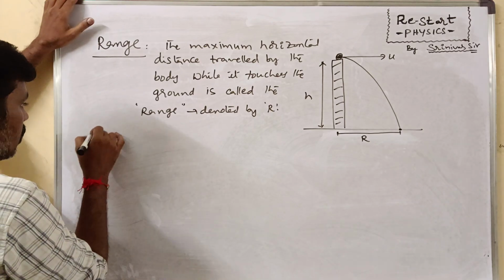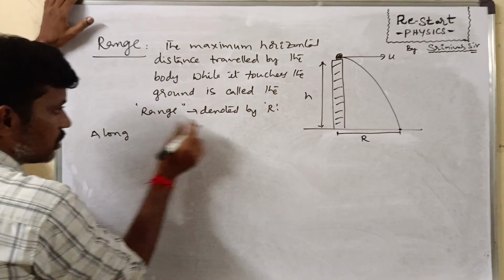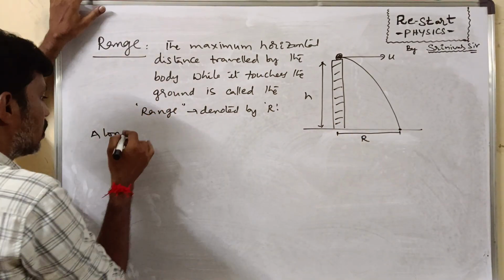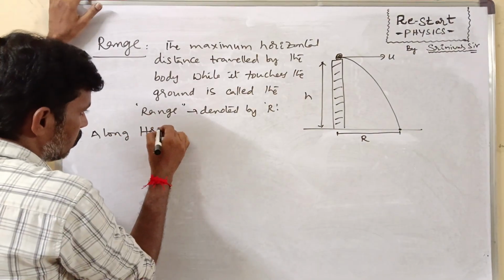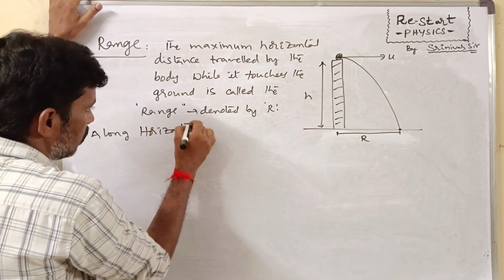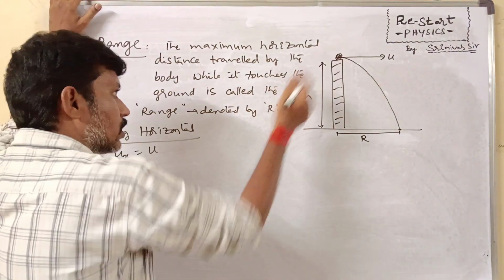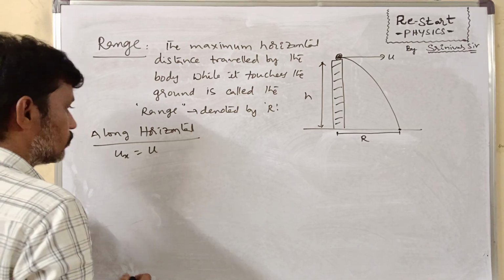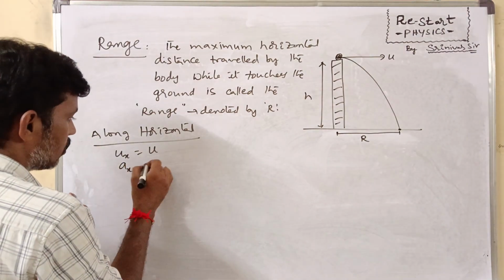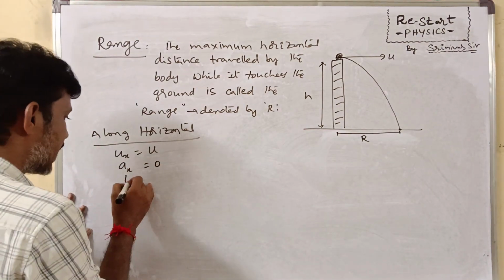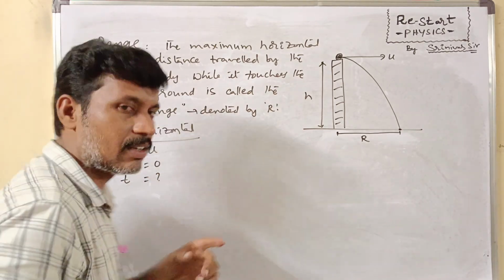Right now, range means the horizontal displacement. That's why, along horizontal motion, we know that ux is equal to u. Clear? ux is equal to u. ax is equal to 0. Time t is equal to how much here?